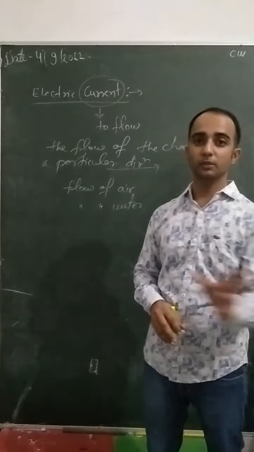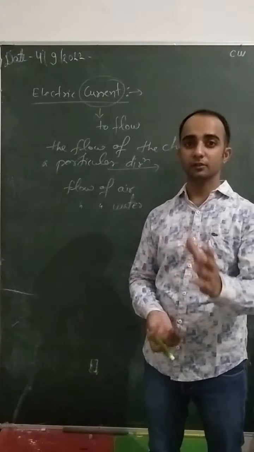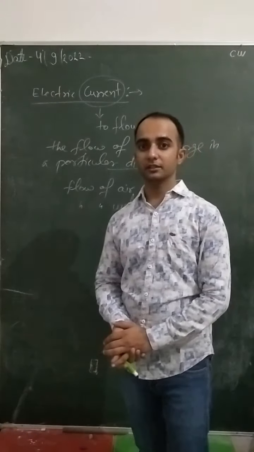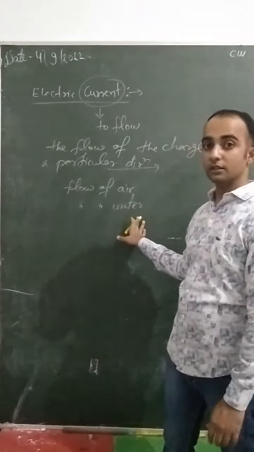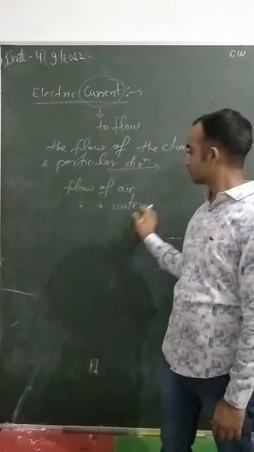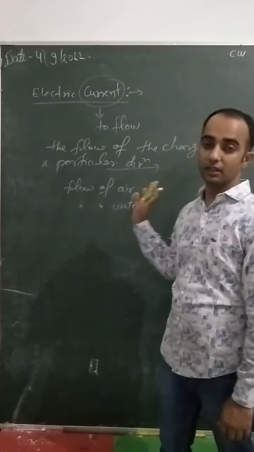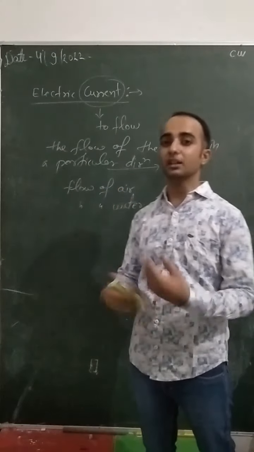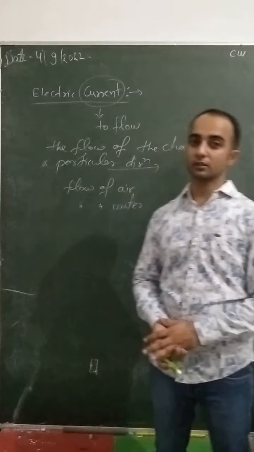If air flows in a particular direction, that makes a wind current, and that is also energy. If water flows in a particular direction, that is called hydro energy, and this wind energy can be used for other purposes or other work.